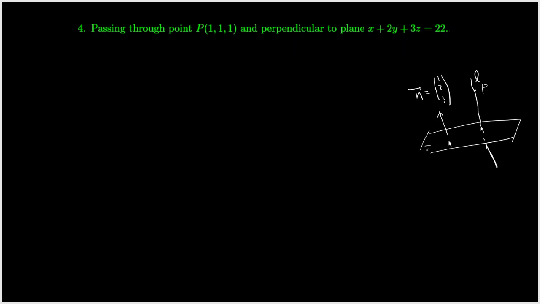The normal vector of the plane is actually a direction vector of the line. Because the line is perpendicular to the plane, a normal vector is parallel to the line. So that makes sense? So we can take the normal vector of the plane as a direction vector of the line, right? I told you why. I hope it's not too hard to understand.